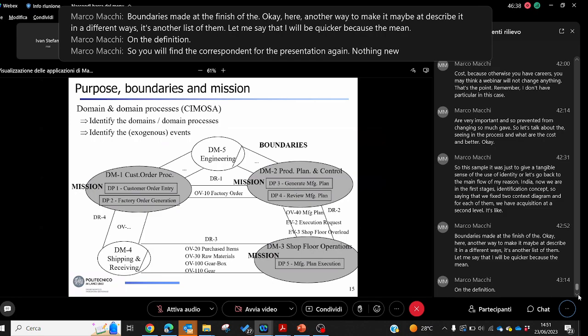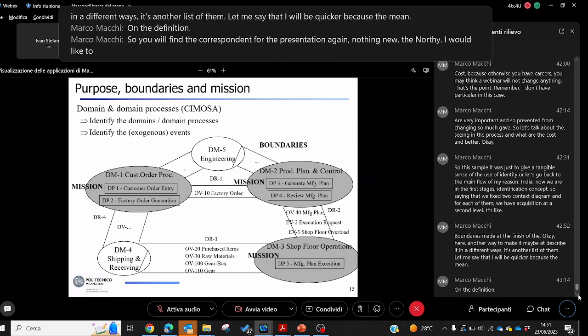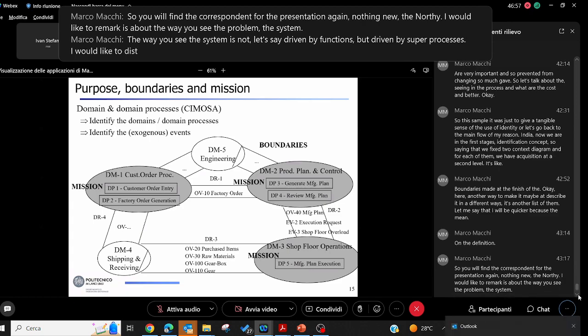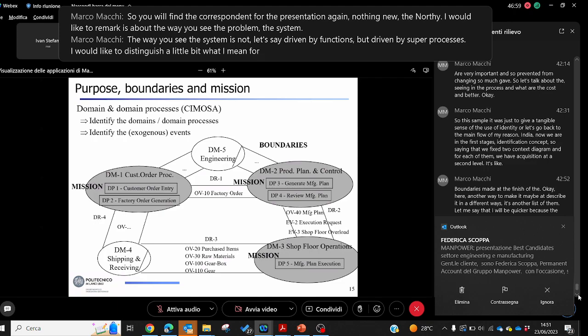The novelty I would like to remark is about the way you see the problem, the system. The way you see the system is not, let's say, driven by functions, but driven by so-called processes. I would like to distinguish a little bit what I mean by function and process.